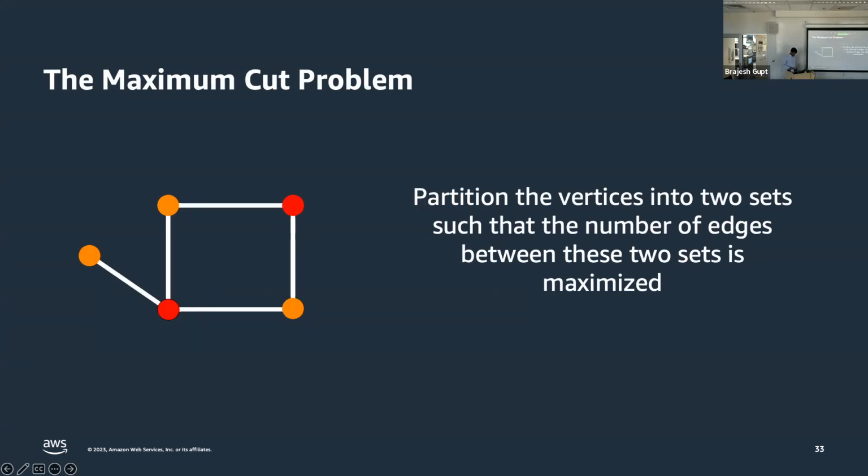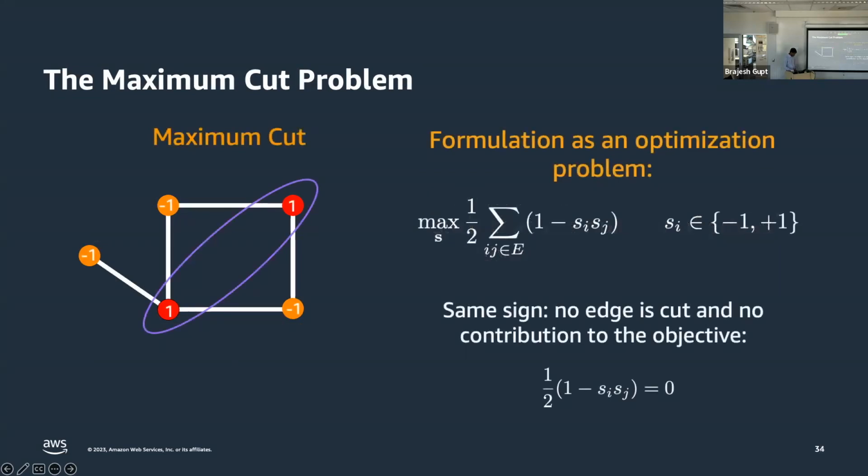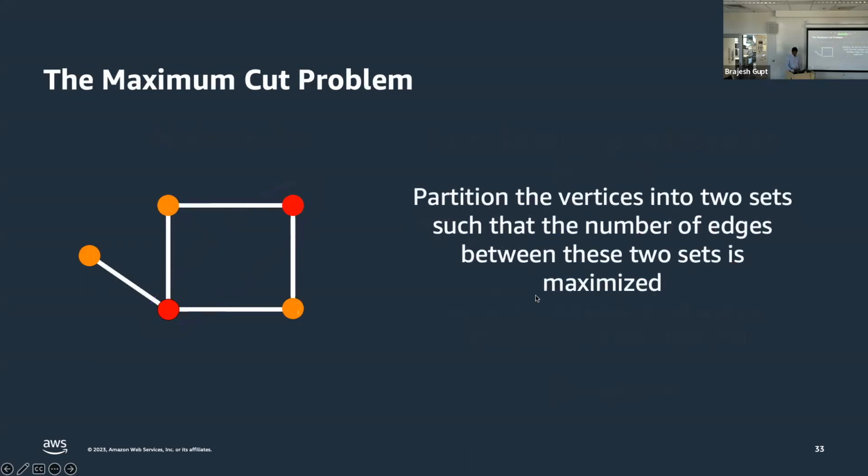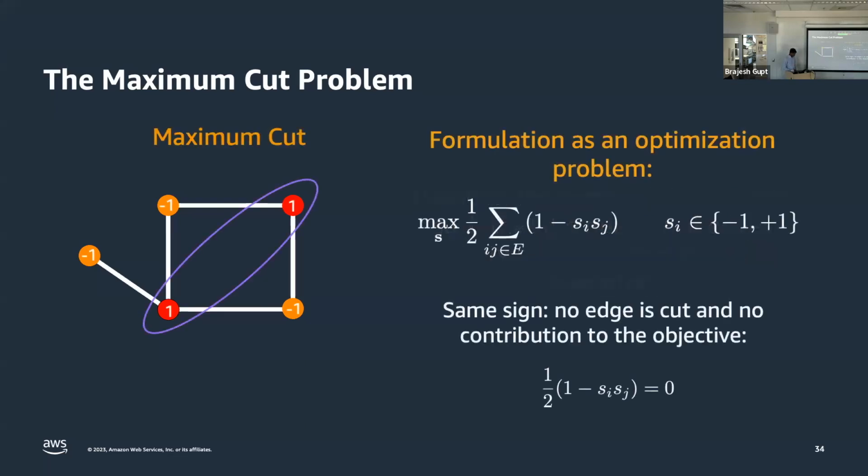The problem essentially is that, given a graph, we want to cut the graph in two pieces in such a way that there is a maximum number of edges cut between them. For instance, in this graph, this will be the cut. This will be the separation of vertices.